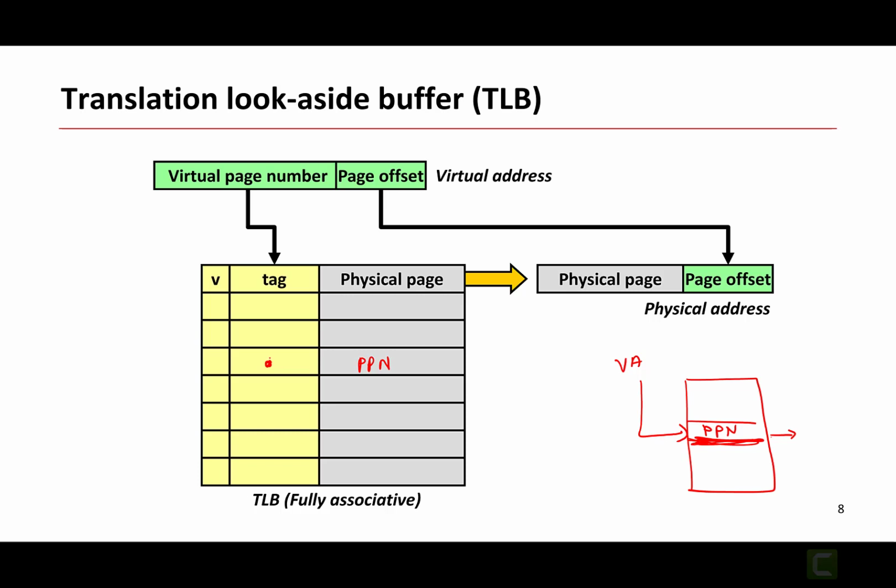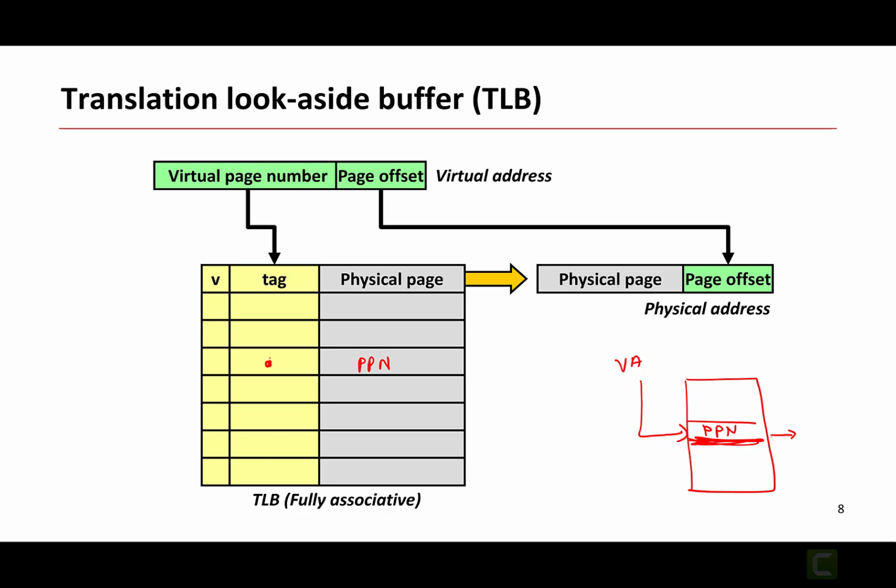So in this case, the entire virtual page number is treated as a tag, and the data item is just the physical page number, meaning just one data item. So if the physical page number is 2 bytes, then your cache block size is just 2 bytes, right?